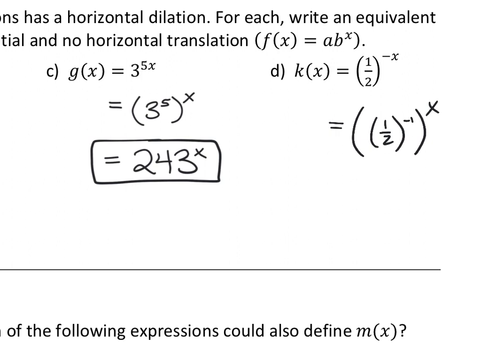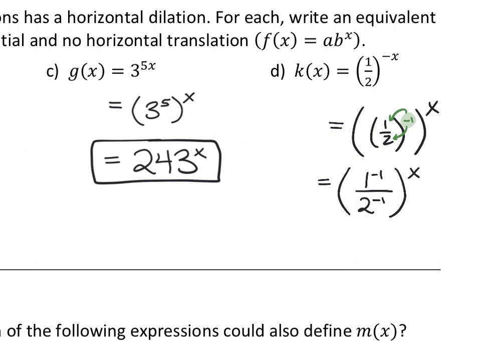One of the things about fractions and powers we might have forgotten is that the power you are raising a fraction to will actually go to both the number in the top and the number in the bottom. So we are saying, in fact, that this is 1 to the negative 1 power over 2 to the negative 1 power, all raised to the x power.